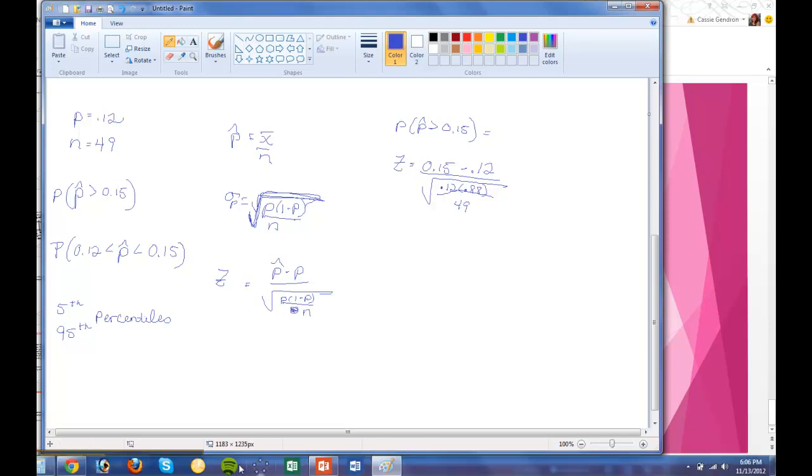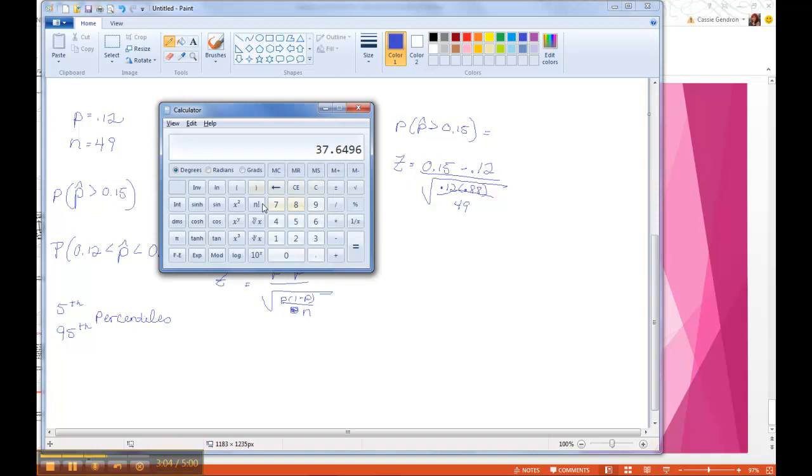So, to the calculator to make this easier. 0.12 times 0.88 divided by 49, and I need to take the square root of that.